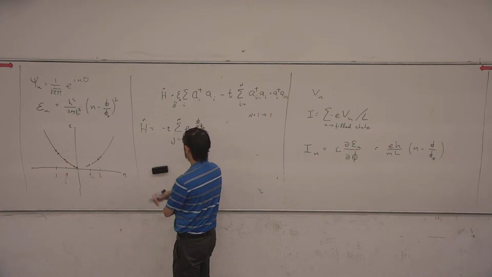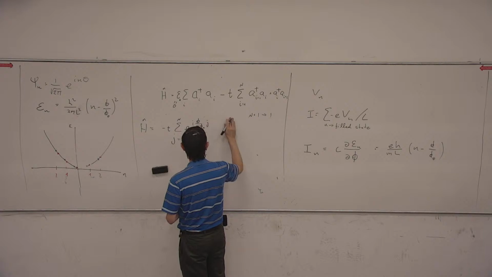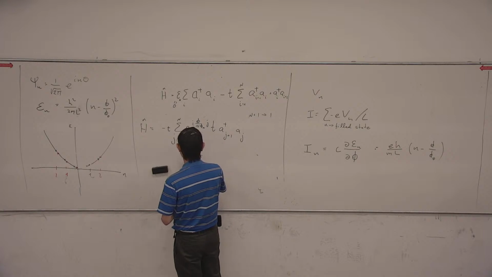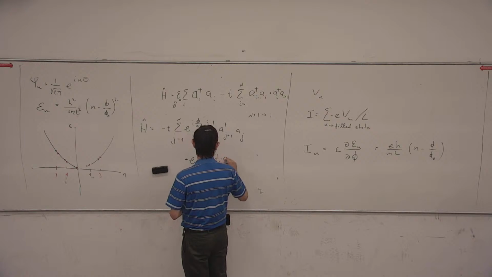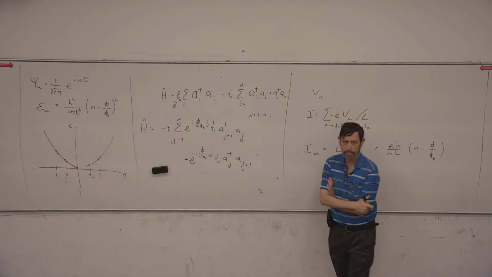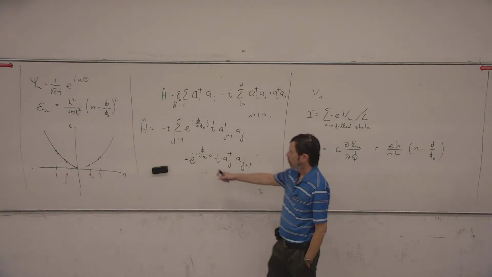Let me switch to J just. Why is this minus here?